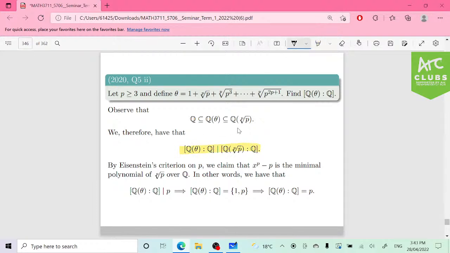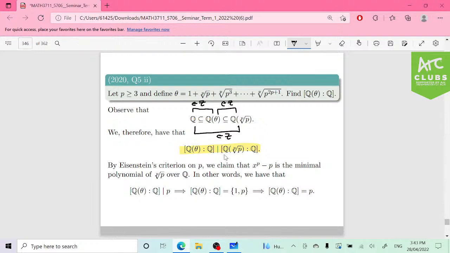Because if we consider the extension given by this, that has to be the product of the degree of this extension here times the degree of this extension here. And both of these are integers, and this is also an integer here. So as a result, we know that the degree of the extension given by theta has to divide the degree of the extension given by the pth root of p over Q. And so we have this result here.